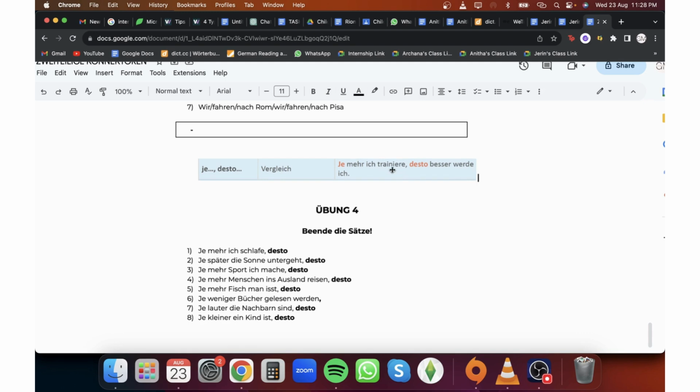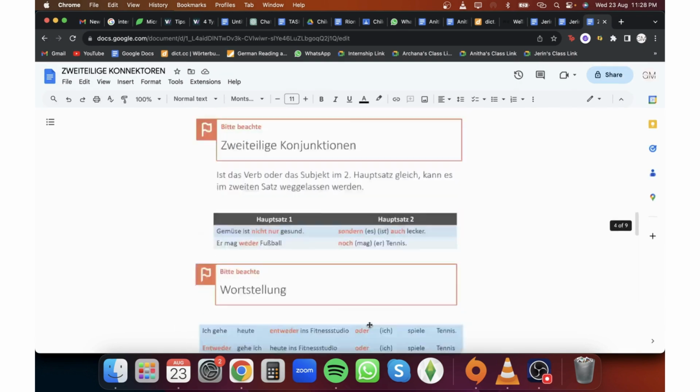The subject comes first, then the verb. In the Hauptsatz 2, the verb comes first and the subject comes last. So we're doing the opposite. When you write the sentence, you have to make sure your verbs are in the correct position. This is a very good exercise for vocab practice as well as the grammar, everything.